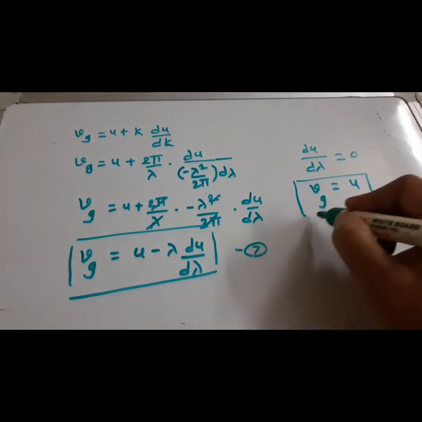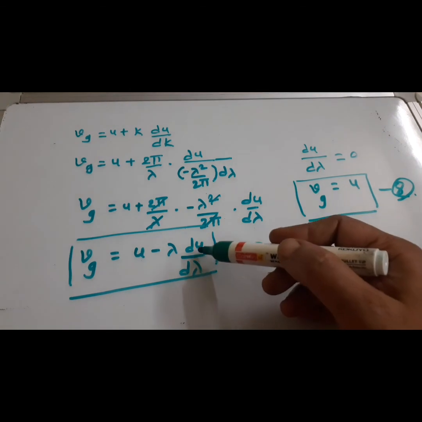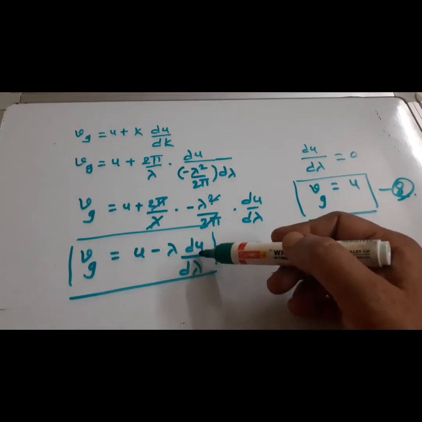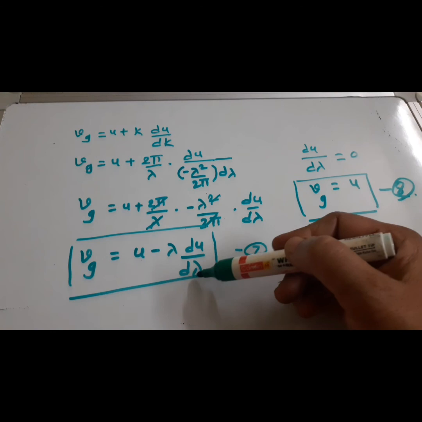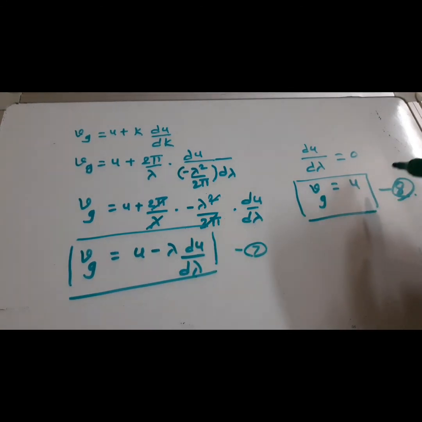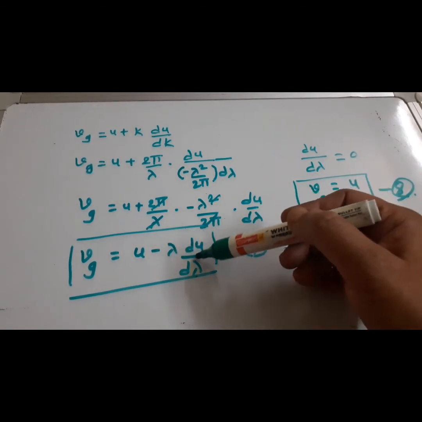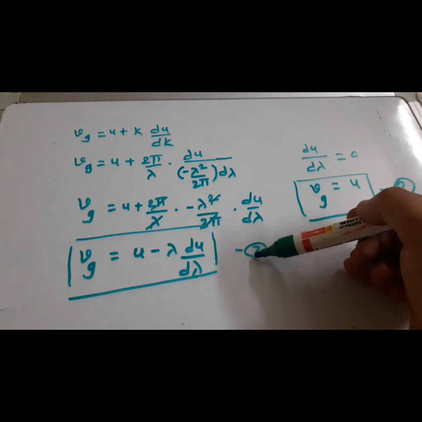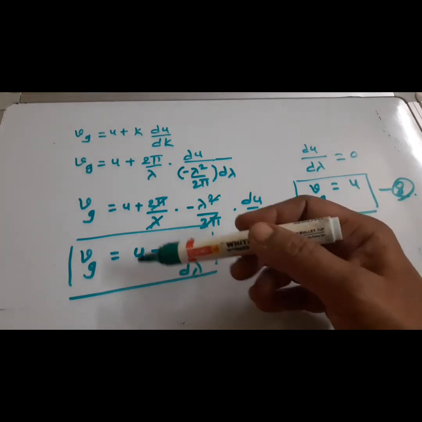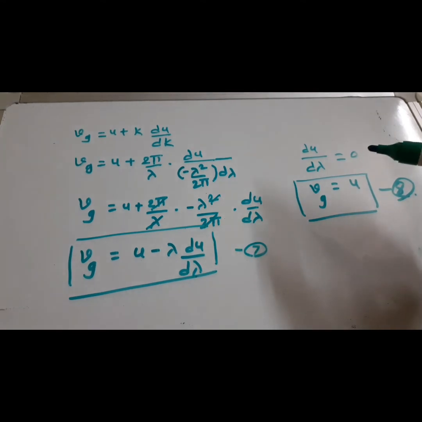This is equation 8, because when we put du by d lambda equal to 0, the whole term becomes 0. So Vg is equal to u for the non-dispersive medium, and Vg is equal to u minus lambda du by d lambda for the dispersive medium. This is the relation between the group velocity and the phase velocity.